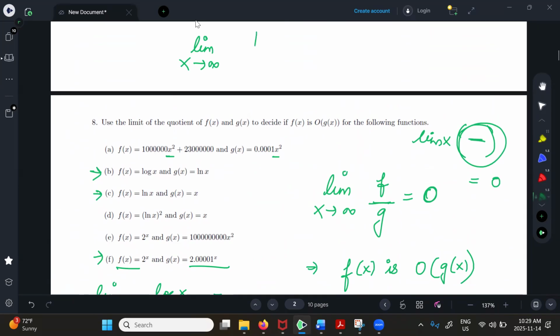Check that in the solution. I can just remove this. It doesn't really matter, right? It doesn't depend on x. It will be a constant, right? So it's not big O based on this definition.